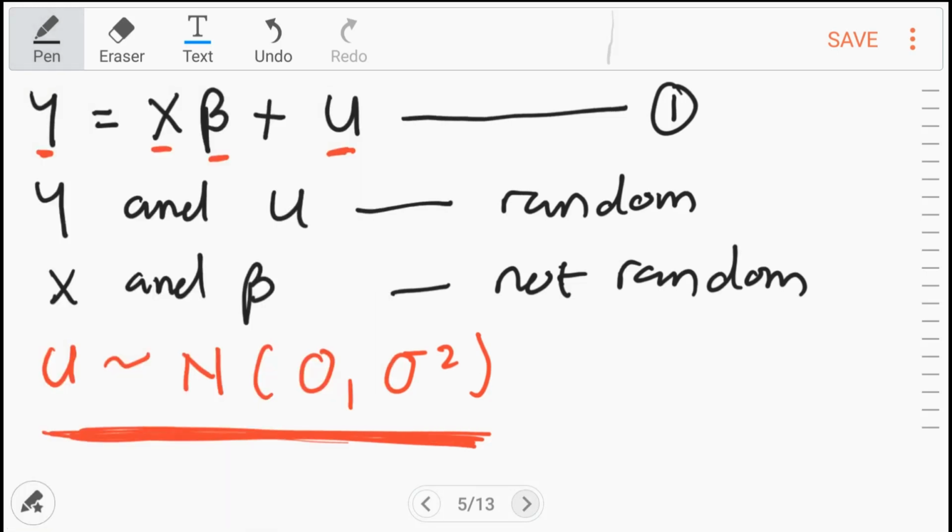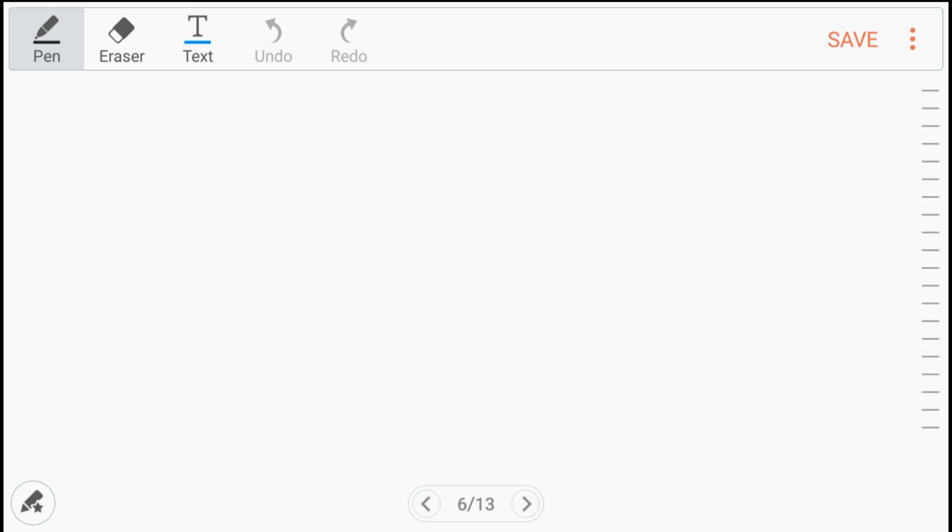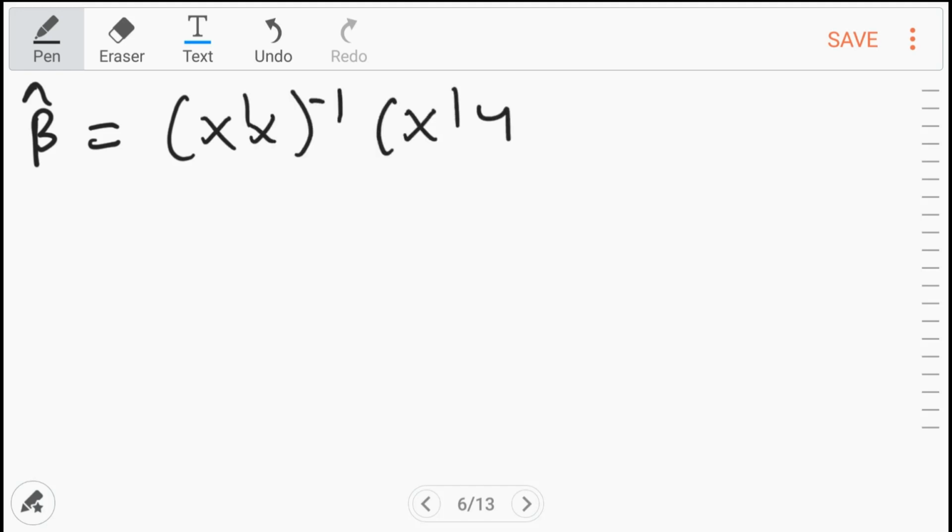Now let's proceed. In the previous lecture as well, we were able to prove that the estimated value of beta, which is beta cap, is equal to x prime x inverse times x prime y. Amongst these two variables here, our x is not random but our y is random.